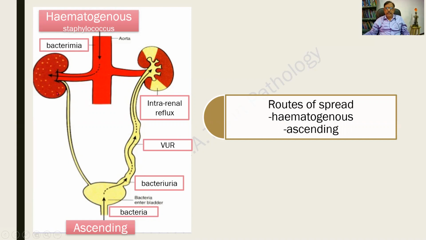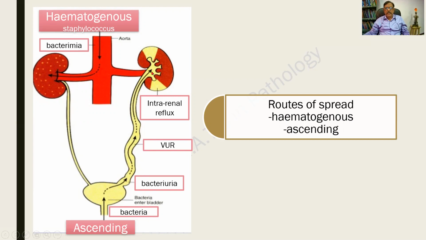presentation. Also, there is another mode of spread called the ascending infection. As mentioned in the previous diagram, there is a close proximity, localization of the bacilli within the bladder leading to a cystitis, and then there is an ascendance of infection. There is also a mechanism called vesico-ureteric reflux, which will be dealt with in detail.